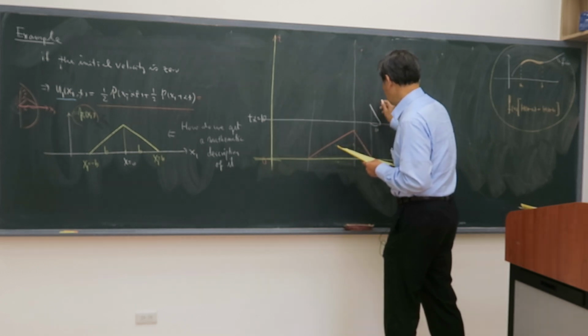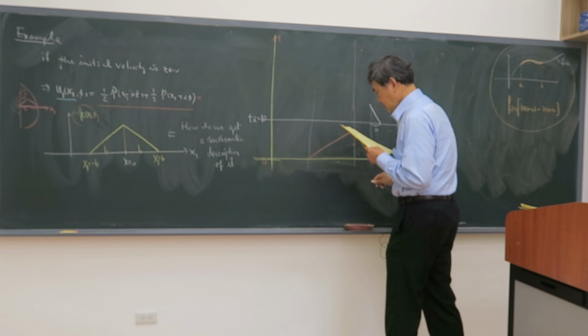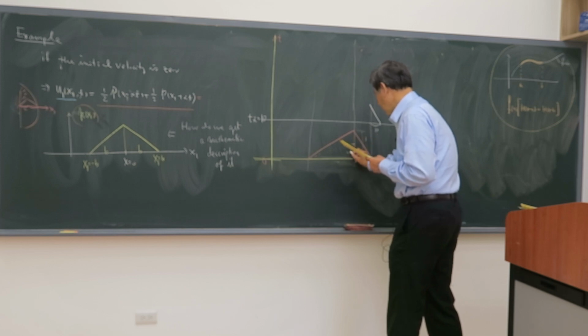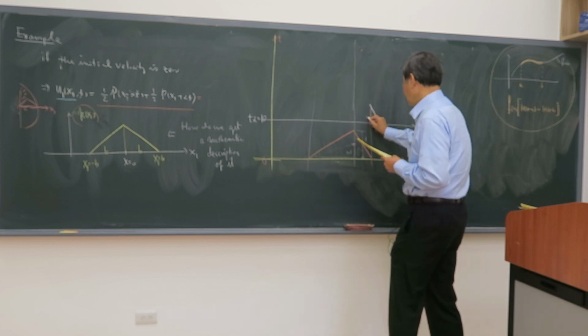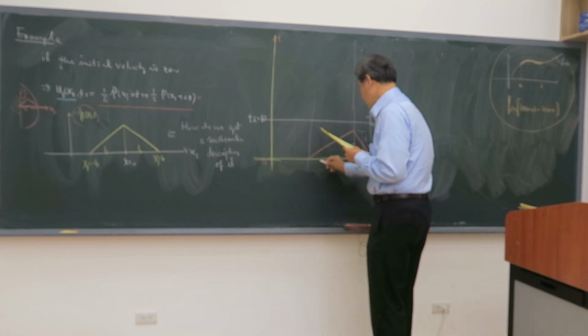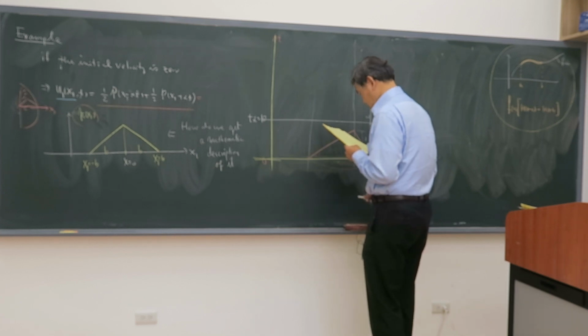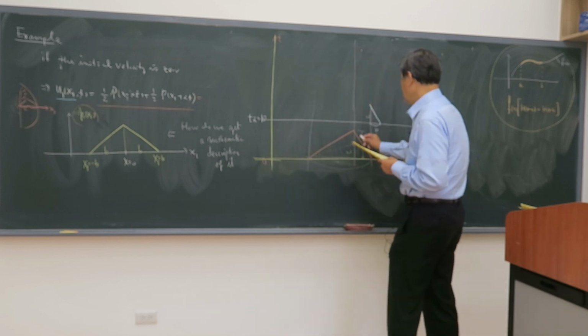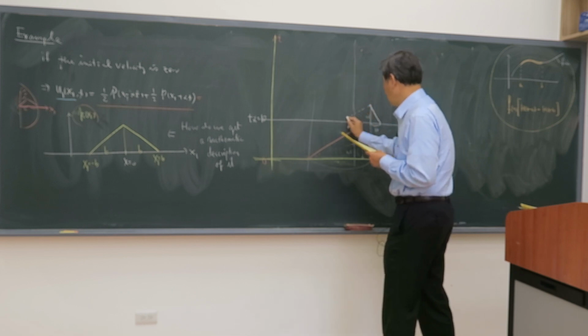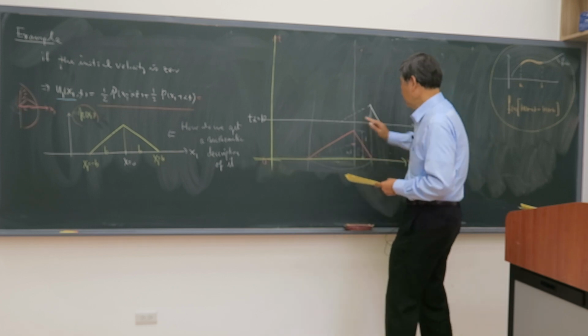If this is 1, this is 0.5. And if this is 60, then half of it will move to here, and another half will move that way.